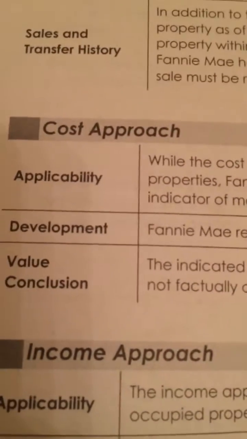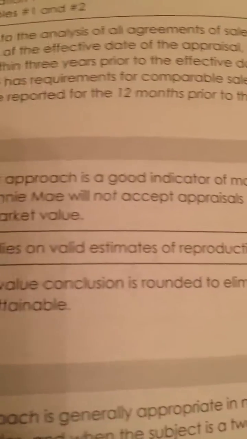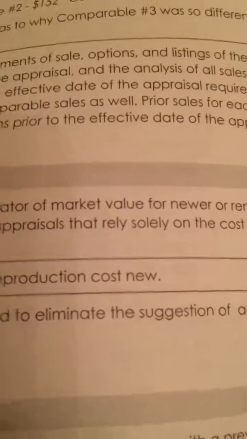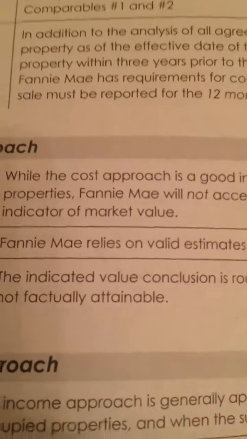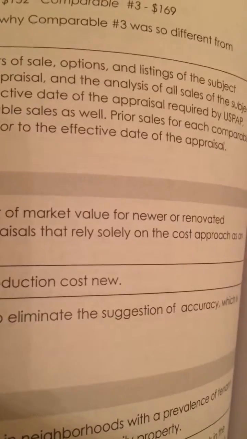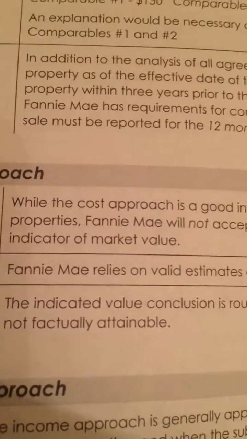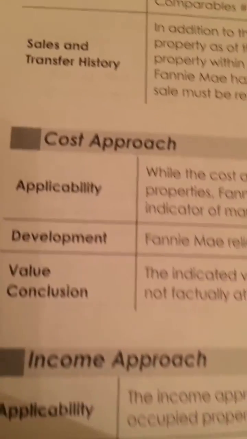Cost approach. Applicability. While the cost approach is a good indicator of market value for newer or renovated properties, Fannie Mae will not accept appraisals that rely solely on the cost approach as an indicator of market value.